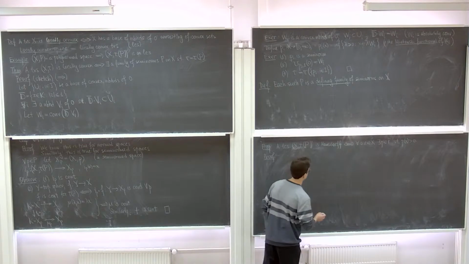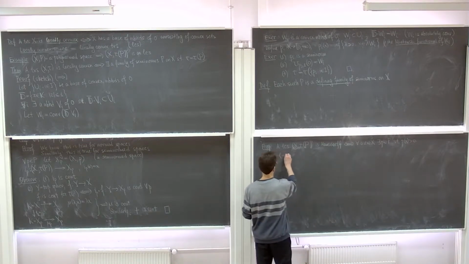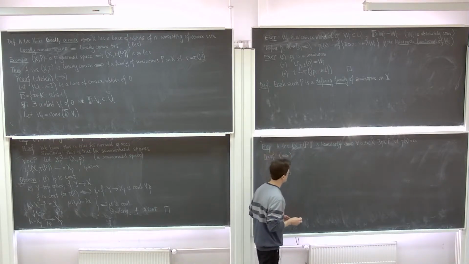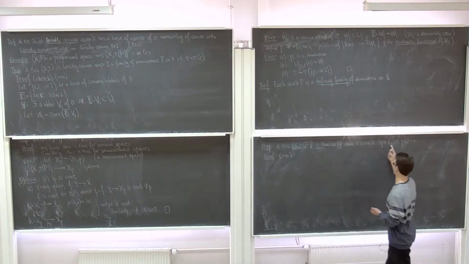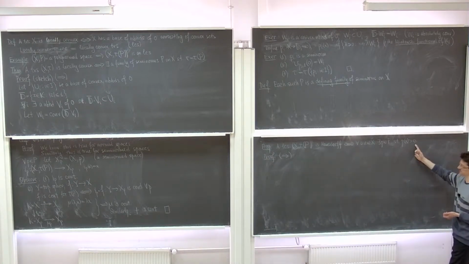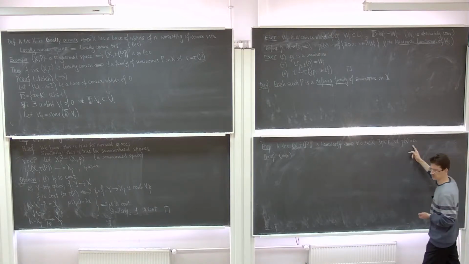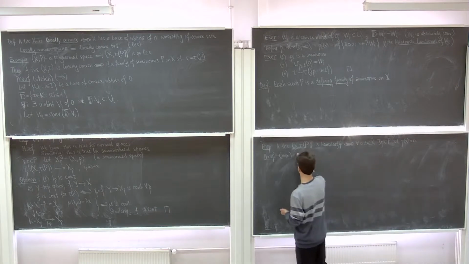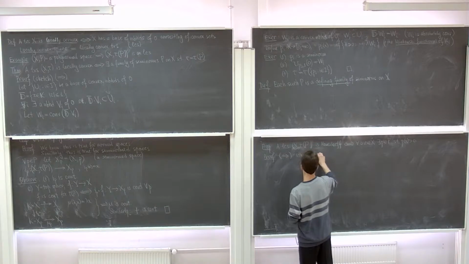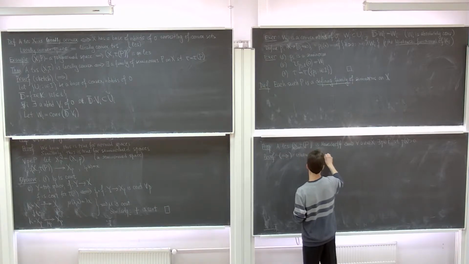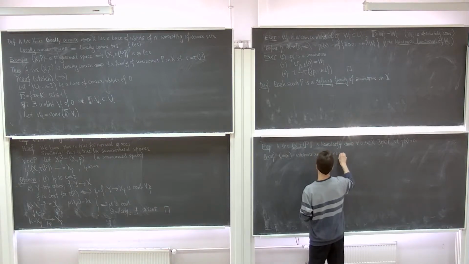Well, indeed, to prove the left-to-right implication, let's observe that if this condition fails, then x belongs to each neighborhood of 0.